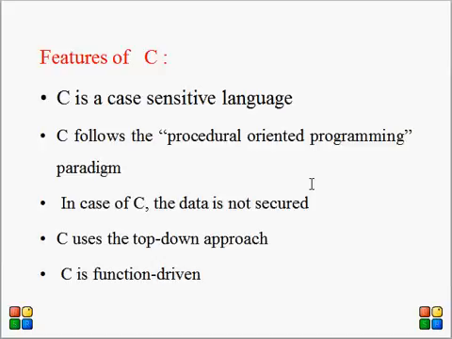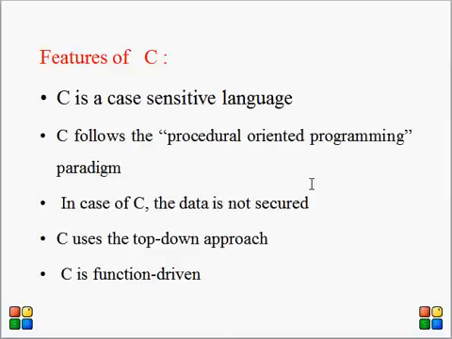Next point: in C, the data is not secure. Why? Because C is somewhat older, approximately from the 1970s. C language developers totally concentrated on procedure, not on data.